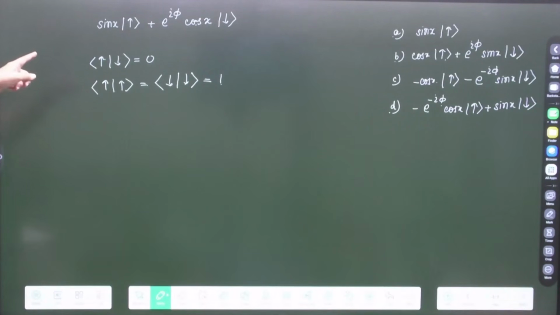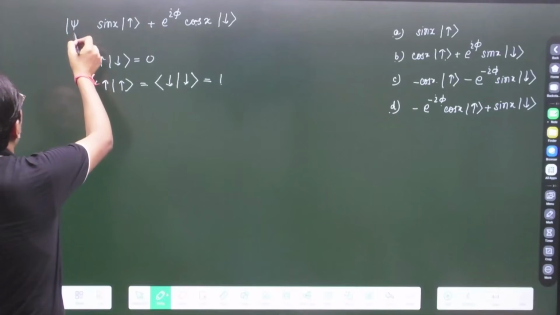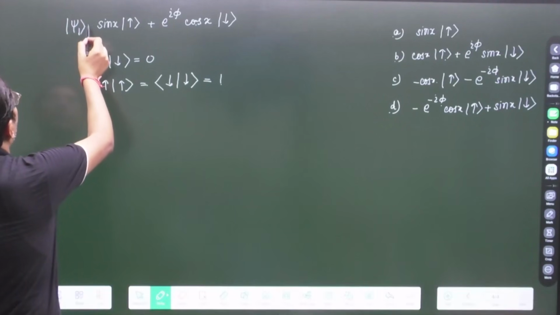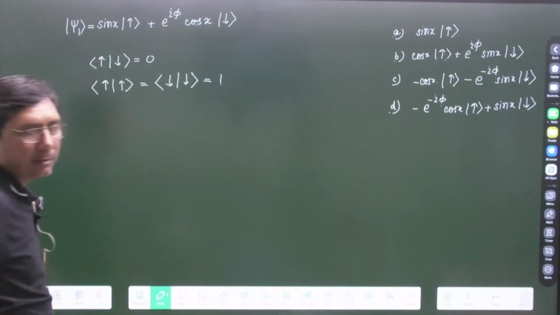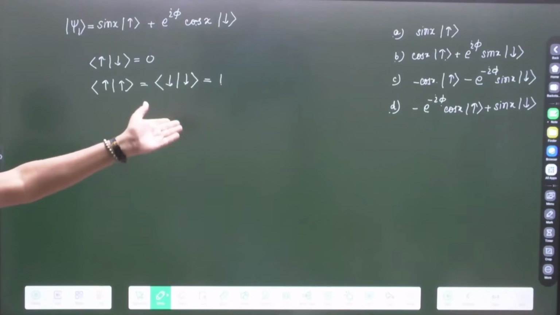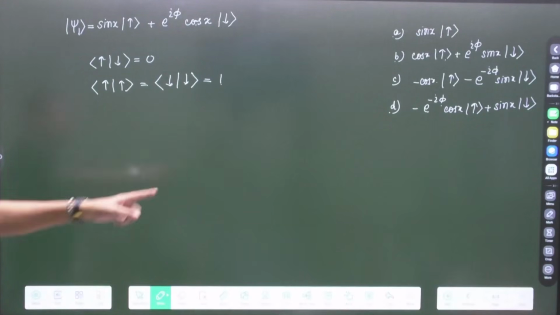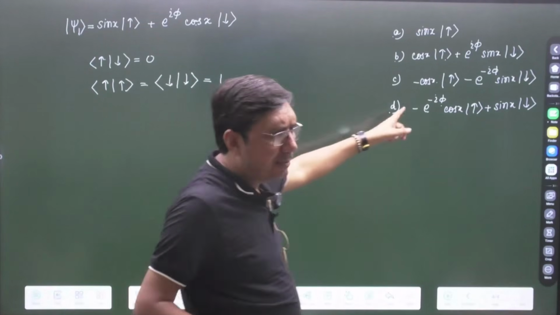So this state is given, you write it as psi 1. I can write it as psi 1. This is the ket vector. So what is the orthogonality condition? It means if they are psi 2, then psi 2 over psi 1 will be 0. वैसे ये आंसर है, मैं इसी को करके दिखाता हूँ.